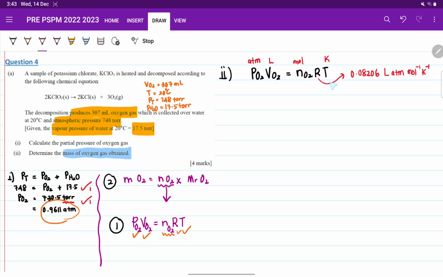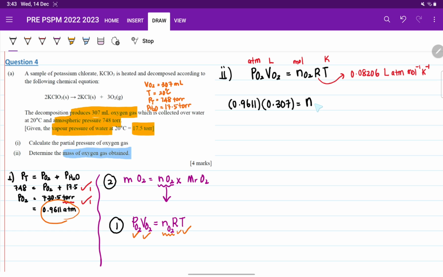Okay, so once we have determined that, substitute the values. Our partial pressure of oxygen gas is this one, so substitute 0.9611. And the volume of oxygen gas that we have here is in milliliter. Convert to liter by dividing by 1000. It will be 0.307.